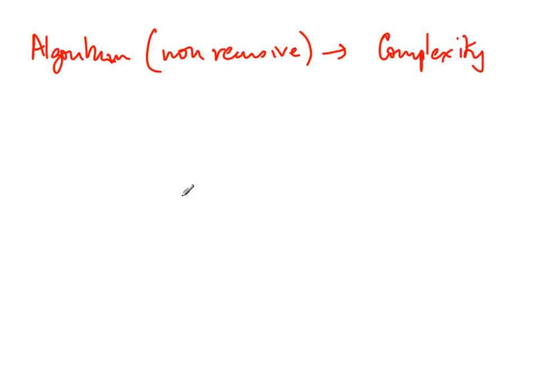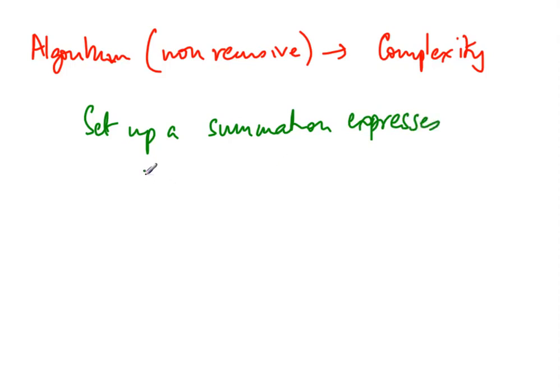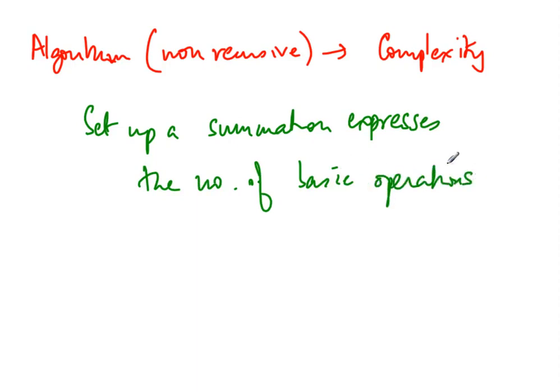The idea is that we set up a summation which expresses the number of basic operations, and then we solve the summation. So this is one simple class of algorithms for which you can follow this recipe and compute the complexity. What we will see in the next section of this chapter is how to do the same thing for recursive algorithms.